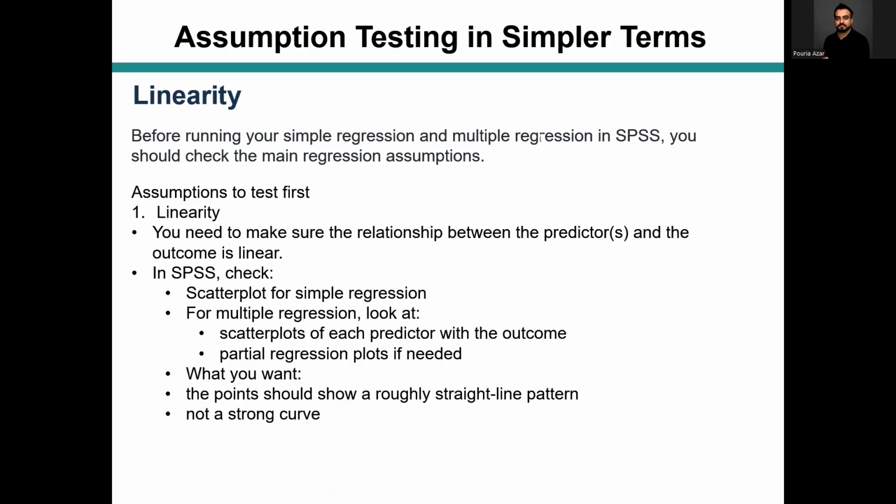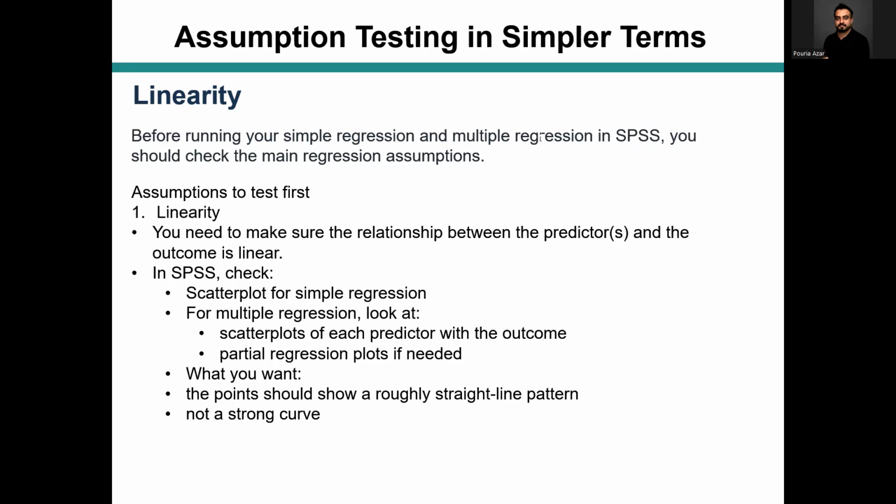Before running simple or multiple linear regression in SPSS, we need to check for linearity. We will use a scatter plot for simple linear regression, and for multiple linear regression, we will look at scatter plots of each predictor with the outcome variable.